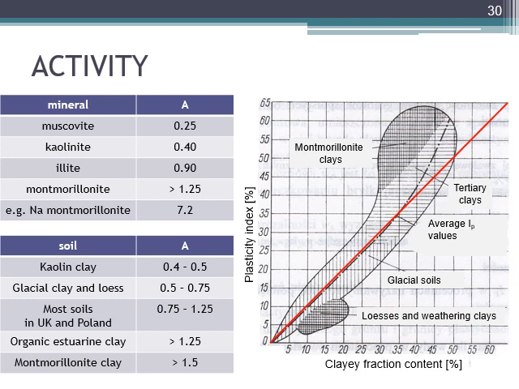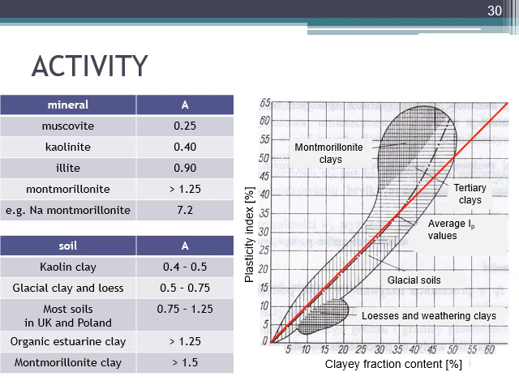You can see that in the table on the left. So for instance, illite, which is a very typical clay mineral, will have the activity equal to 0.9. But the montmorillonite will have the activity higher than 1.25.